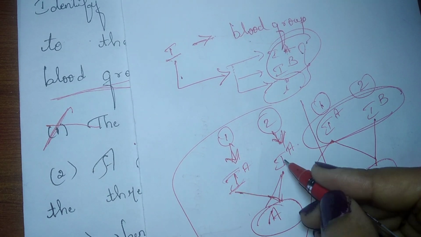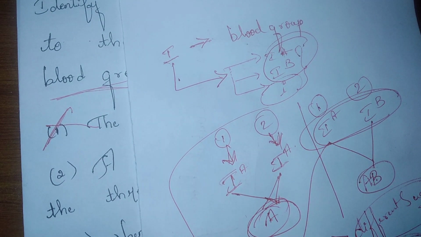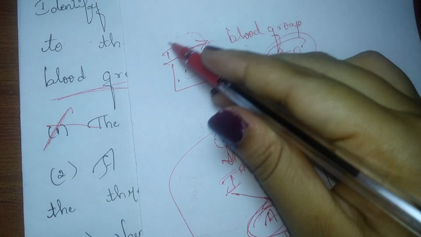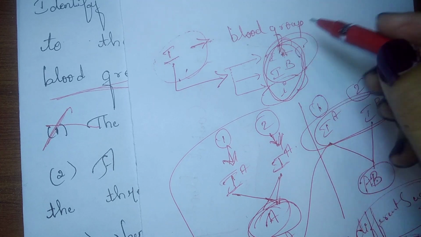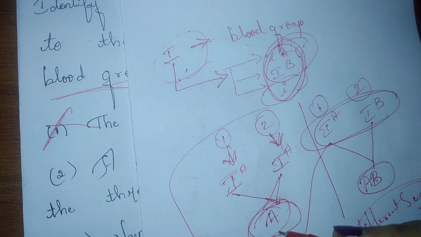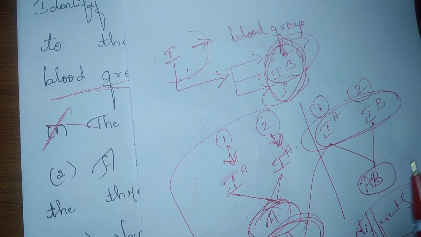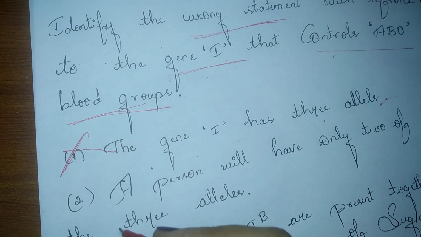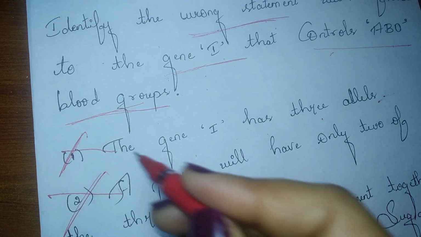Even though we have 3 alleles in the I gene, in a single person only 2 alleles will be present. So this is also a correct statement, and this is not our answer.